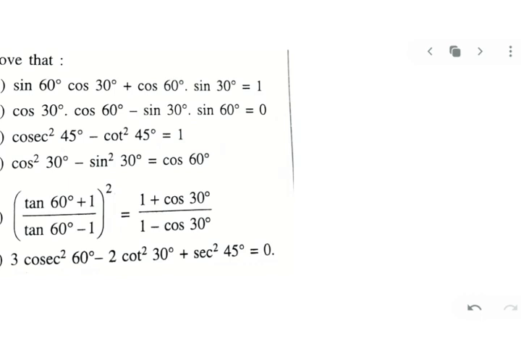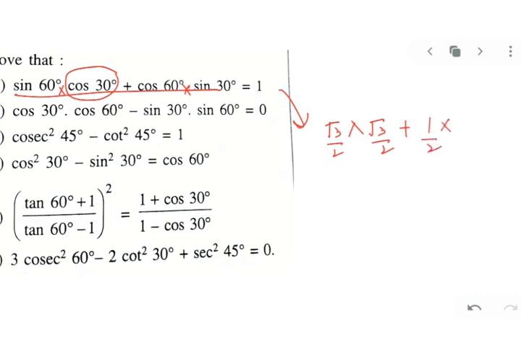Your next is proving. For the first we have sin 60. See, whichever two ratios are in between, if there is no operational sign, then you have to put multiplication there. Correct? So sin 60 degree, put in the value, root 3 upon 2, multiplied with cos 30, that is again root 3 upon 2, plus cos 60, put in the value, cos 60 is half, into sin 30, which is half.